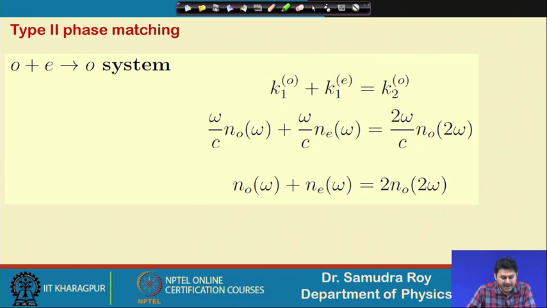One can find the angle theta by using this expression. It will be a complicated kind of expression, but it is possible to find some angle at which these things are valid. Okay.